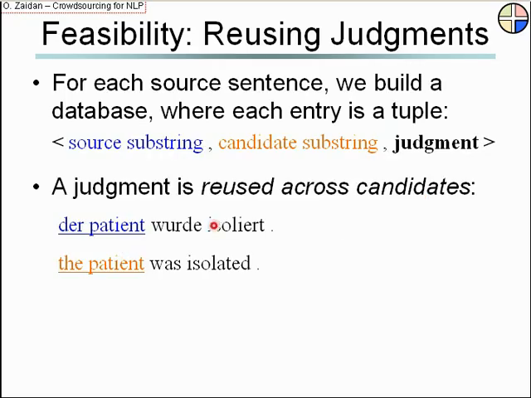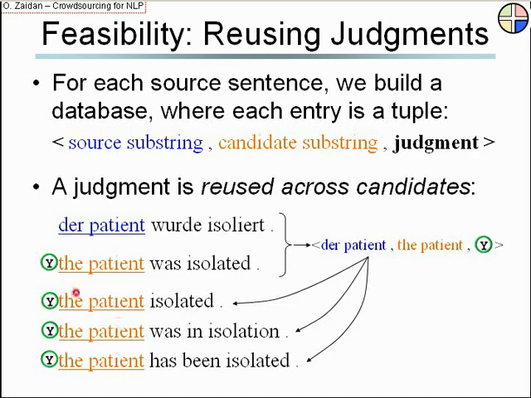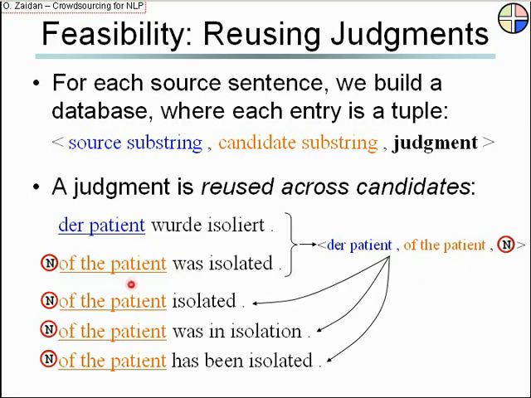So, for example, if we had this German sentence right here, and we got a judgment that says that the patient is an appropriate or acceptable translation for this German substring here, I'm not going to try to pronounce it, then we store that judgment in our database, and we reuse it whenever we see that same English substring, even in different candidates. So we don't actually query human annotators for those. We just assume that they're going to tell us the answer is yes, and we reuse this. And you can imagine something very similar if the answer was no. Again, we store this in the database for this source sentence, and we can reuse it across other candidates where the same candidate substring appears.